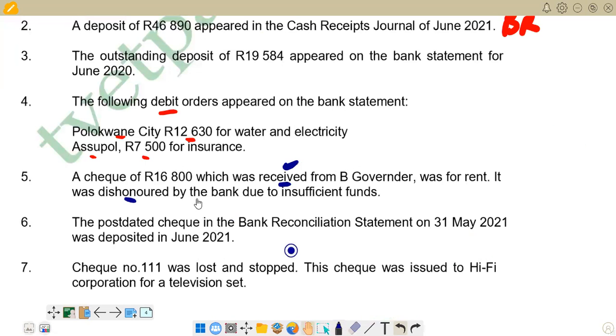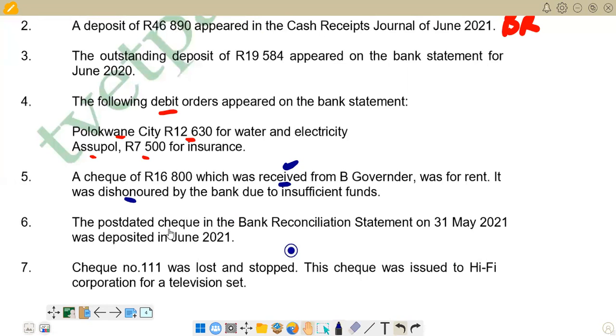On the next transaction, item 6, the post-dated check in the bank reconciliation statement on 31 May 2021 was deposited in June 2021. So what does it mean? It means this post-dated check was then deposited.